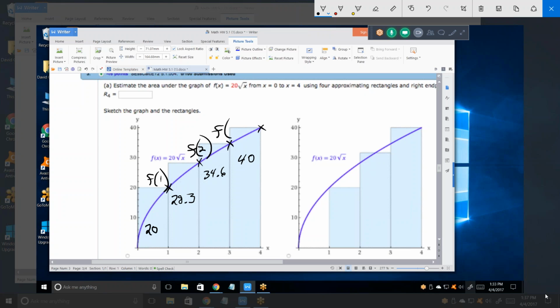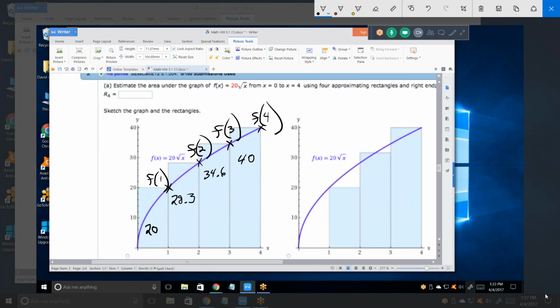In other words, to calculate what the height of each of those rectangles is, we use f of 1, f of 2, f of 3, and f of 4. We don't try to read it off the y-axis. We just plug it in. Well, f of 1 was 20. f of 2 was 28.3, f of 3 was 34.6, and f of 4 was 40. So add those four numbers up and put it in for R4, and you've got a right endpoint estimate.